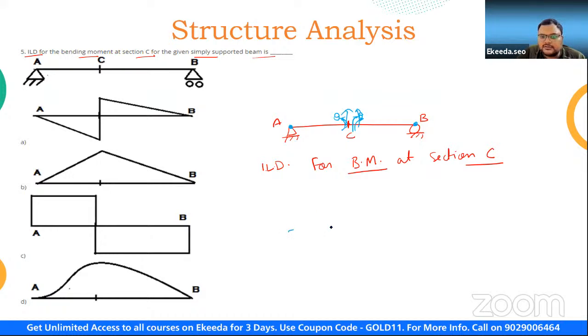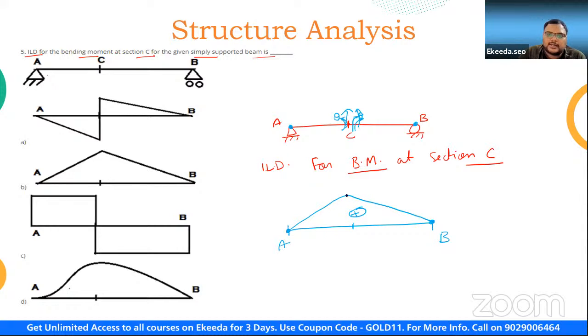So whenever we have to draw the influence line diagram for bending moment at any section, then we give theta in this direction. Due to this theta, this beam goes up, and here it is going to remain at the support only, right? So this is the diagram for bending moment at any section C in case of a simply supported beam, right guys?